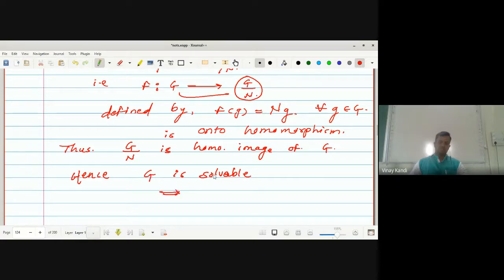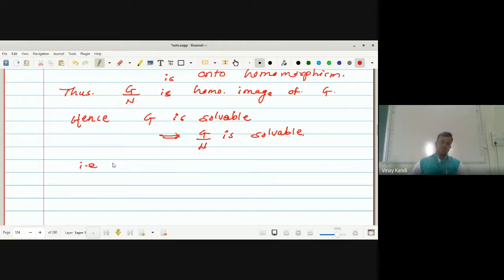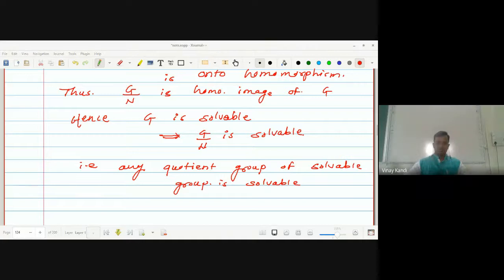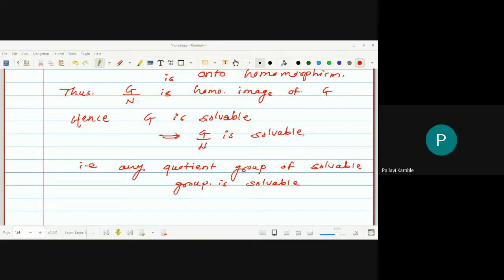That means the homomorphic image of G, that is G by N, is solvable. That means any quotient group of a solvable group is solvable. Is it correct? Yes, sir. Any doubt? No, sir. Okay, wait a minute.